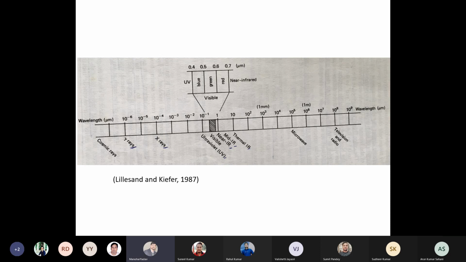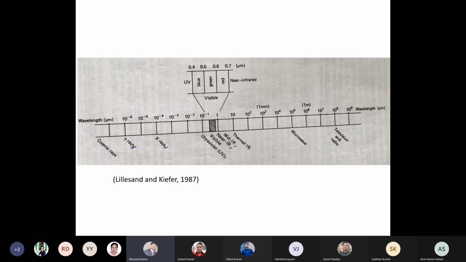Mainly we focus on the visual spectrum. If we consider our own eyes, our sensing organs, they are sensitive only in the visible spectrum. We see the photograph, we see the object, and the reflected energy coming from that object is sensed only within the visual spectrum.